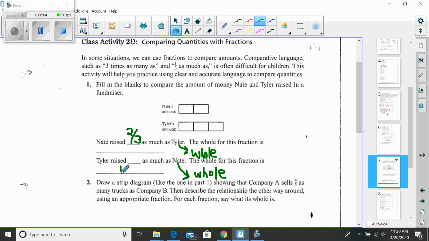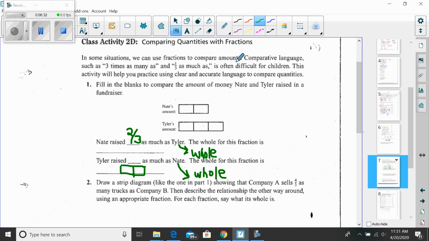So this is a whole. When Tyler was the whole, each box represented a third. But if I change the whole, now each box represents a half. So then what's Tyler's amount?